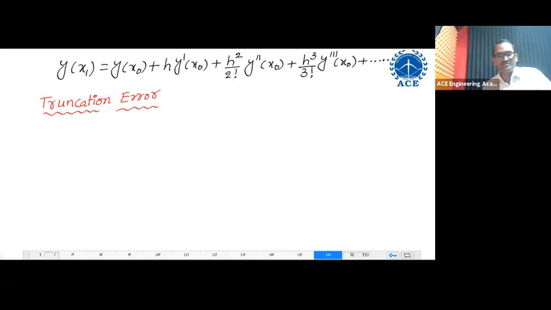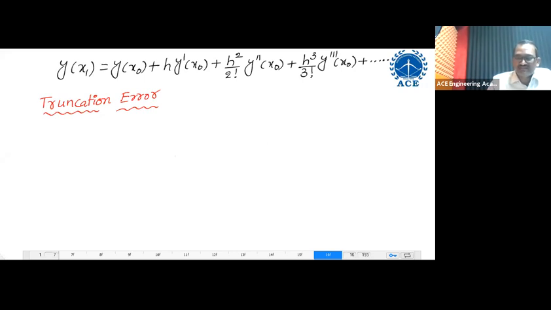Before going to discuss that, from Taylor series we come across the definition of truncation error. Everyone should be careful. What is truncation error? Truncation error means the error arises when an infinite series is truncated.